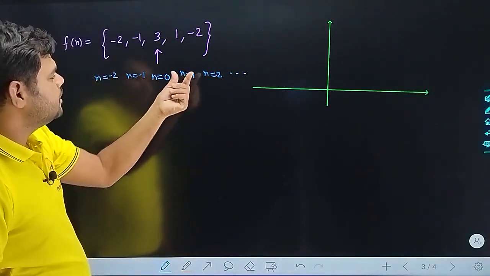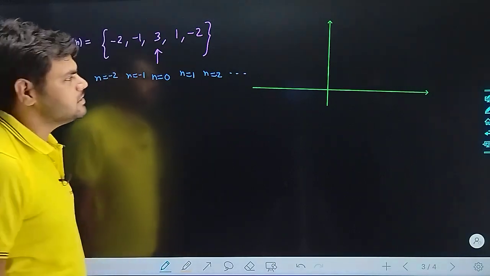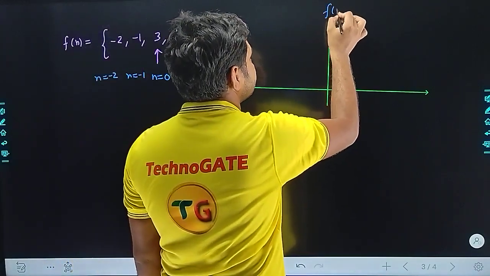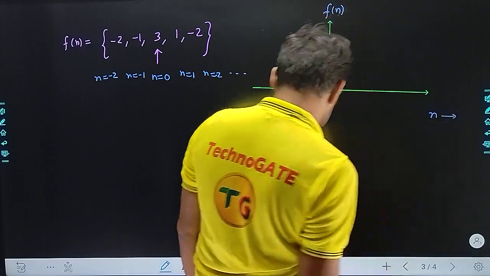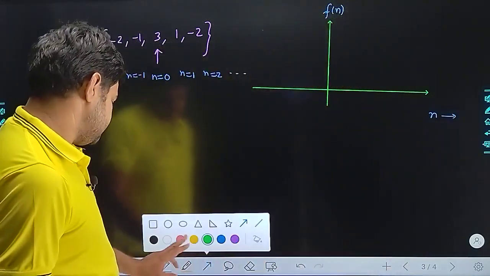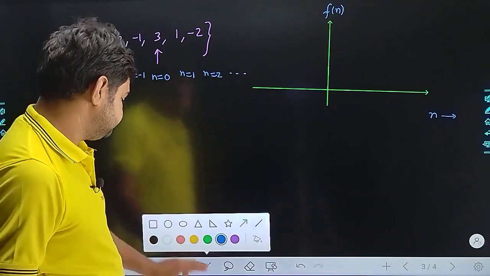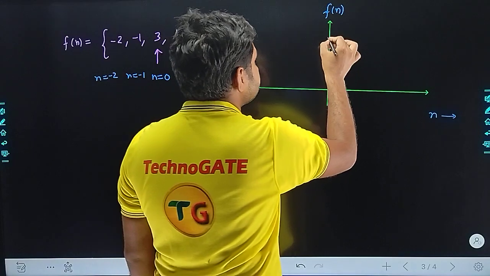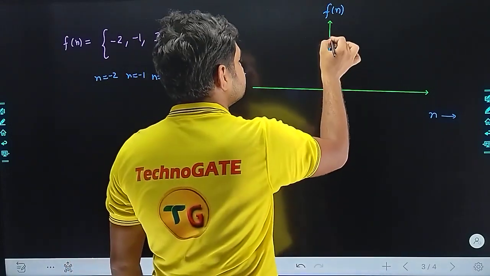So n equal to 0, n equal to 1, n equal to 2, n equal to -1, n equal to -2. Means if I represent this signal f of n on the n scale, see how can I represent it? See here, for n equal to 0, the sample value is 3.